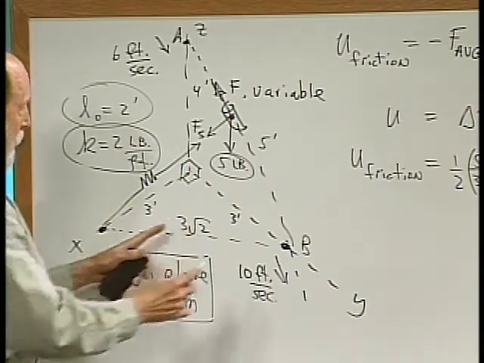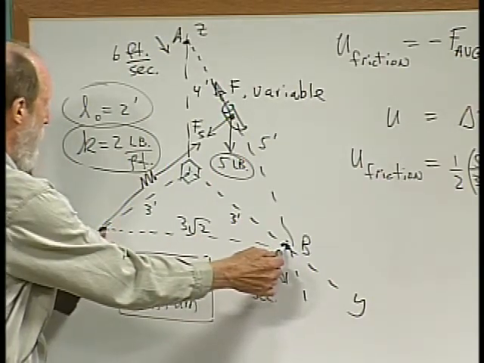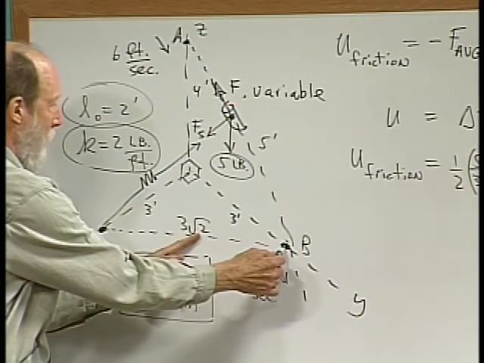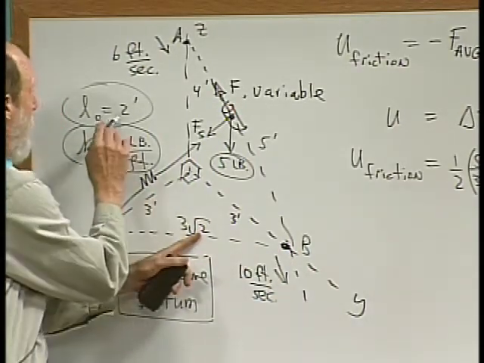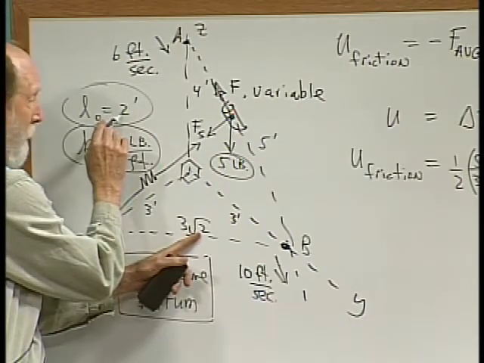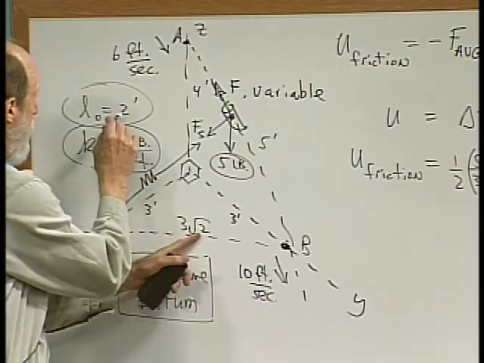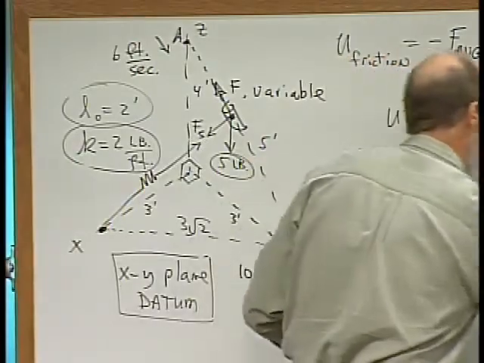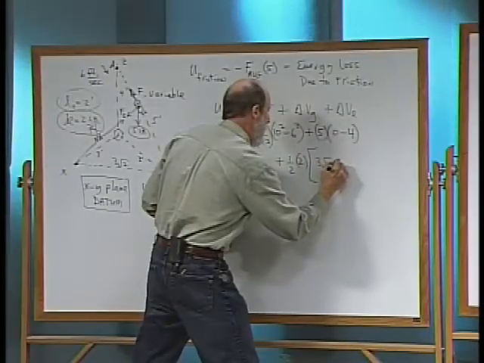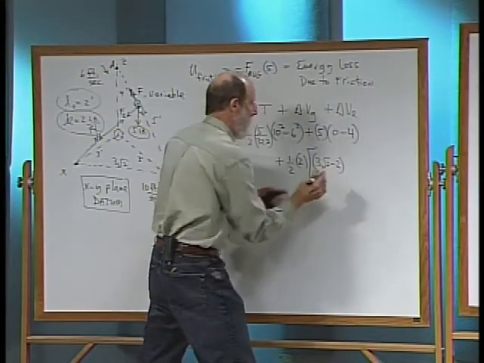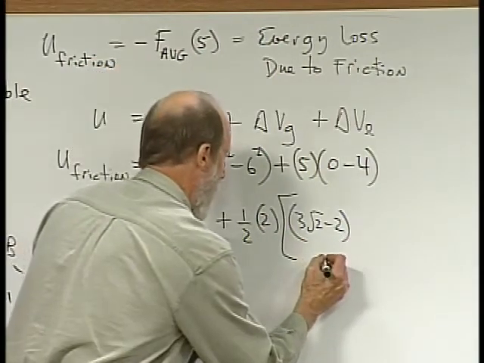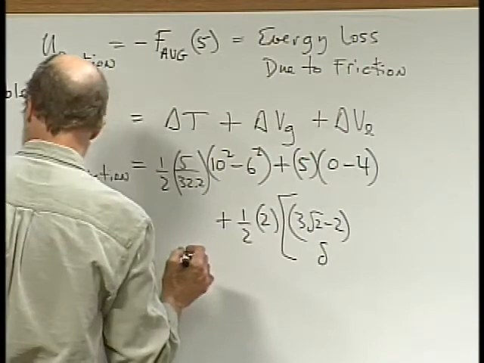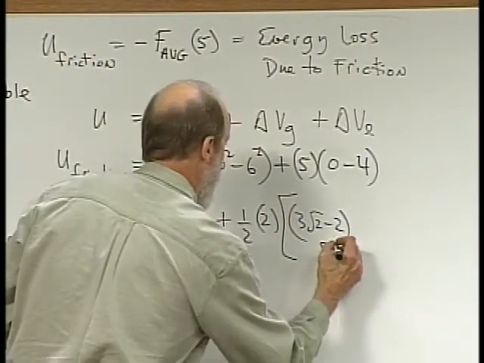So the length of the spring at this point is 3 radical 2, but remember, we don't use that value. We use the difference between that length of the spring and its unstretched length, so it's 3 radical 2 minus 2, and that quantity is the distortion in the spring. In other words, that's the delta that exists in the spring at location B, and then we have to square that.